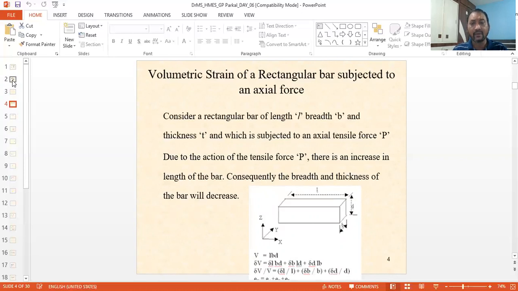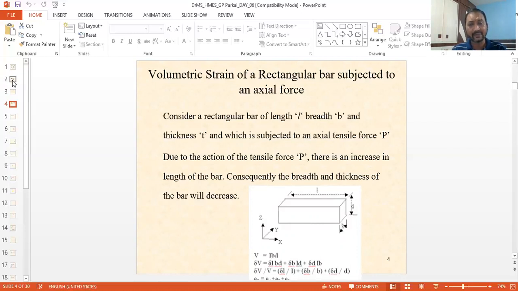Here a tensile force of P newtons is applied along the length, and when this force P is applied, the length of the bar increases, that is in the linear direction. In the lateral direction, what happens? Lateral means widthwise and thicknesswise. So there is a small decrease in width and a decrease in thickness will be observed.